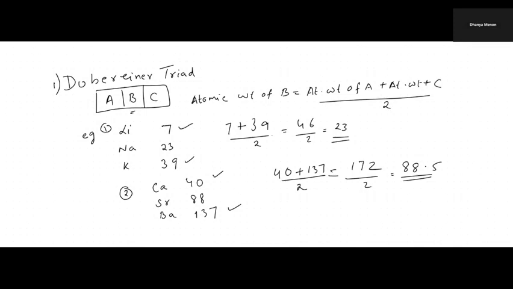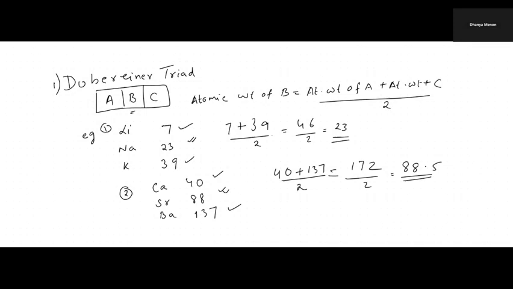So this scientist, Dobereiner, suggested that the element in the middle of the triad had properties in between those of the other 2 elements. For example, strontium had properties in between those of calcium, 40, and barium, 137.